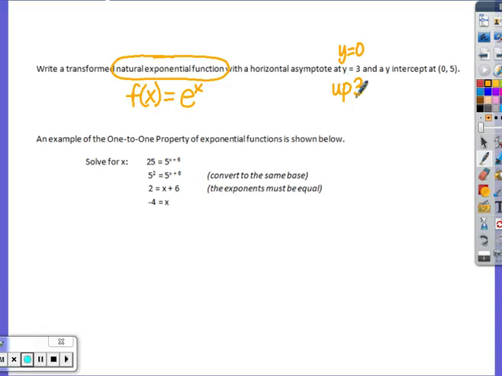Yeah. At first I was tempted to say that it must be added up by 4, but we already decided that we're only going up 3. So, Madison, you just said maybe it's a stretch, right? Let's see if we can think this out. So if we're moving that asymptote up to 3, and our new function is going to be stretched out so that it crosses at 5, where would you expect it to cross if the horizontal asymptote was at 3?